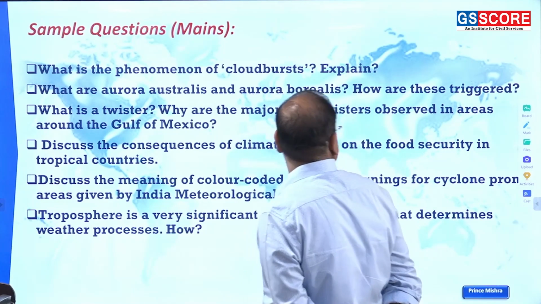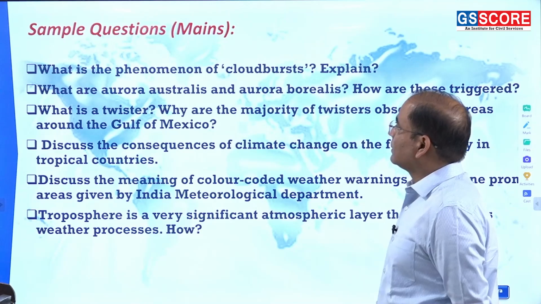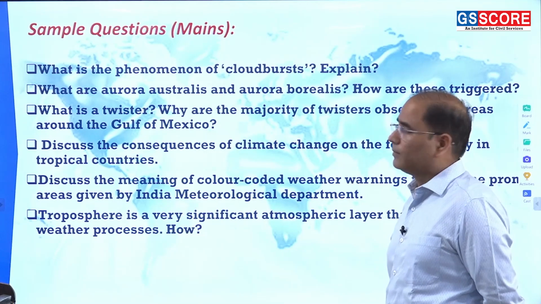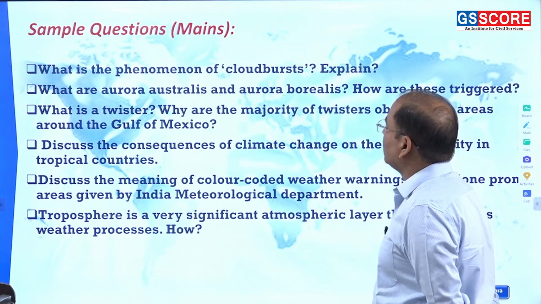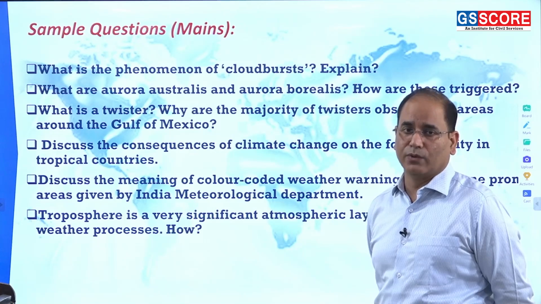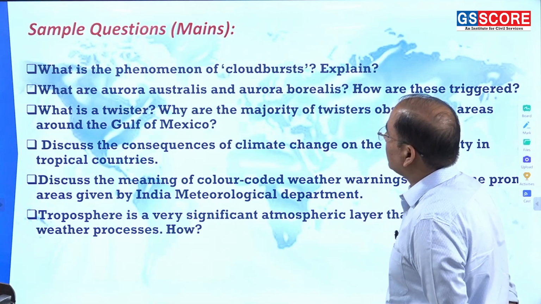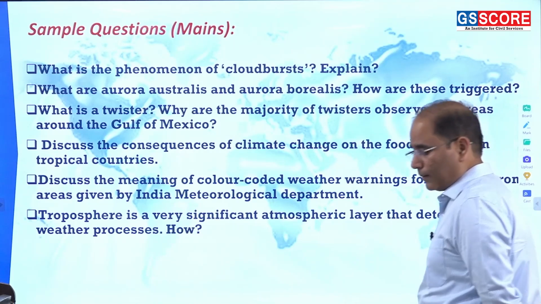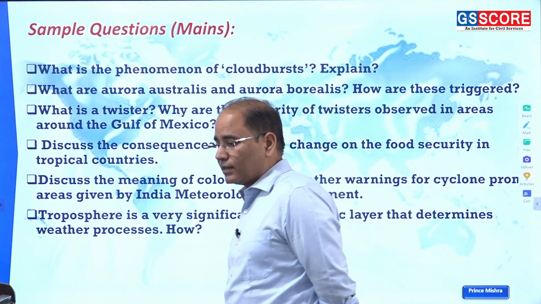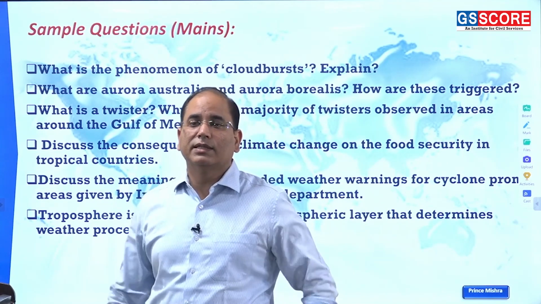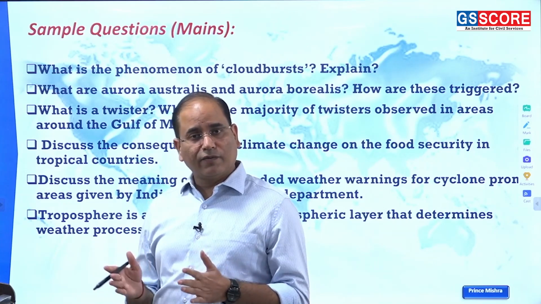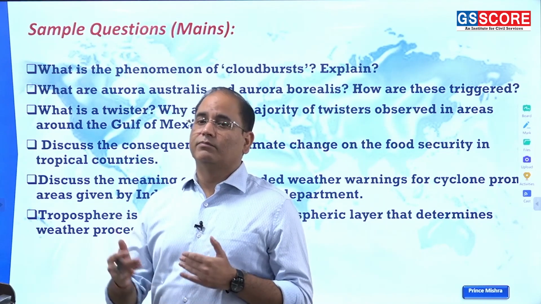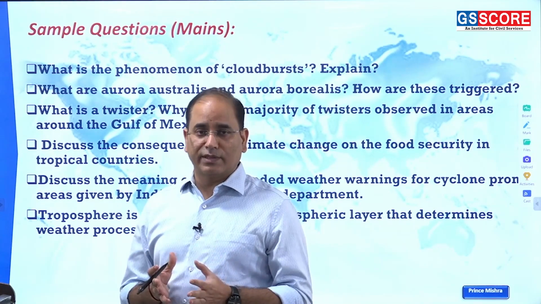Now let's look at some of the recent questions that have been asked. So I have mentioned here the questions of 2024. In 2024 they asked the question, what is the phenomenon of cloud burst? Explain. This cloud burst phenomenon is associated with both the general pattern of rainfall and also some of the atmospheric disturbances.